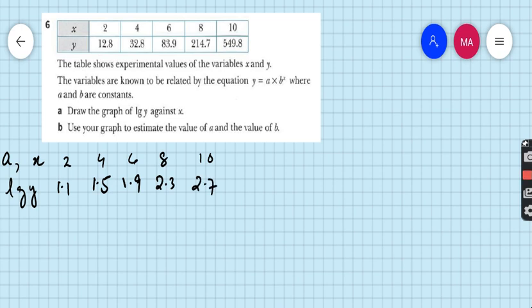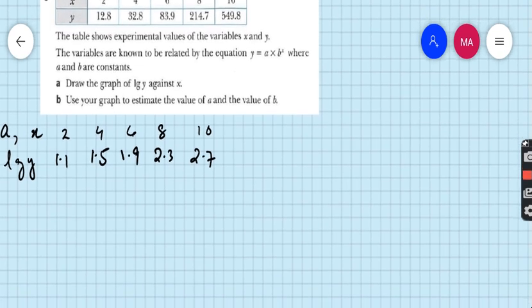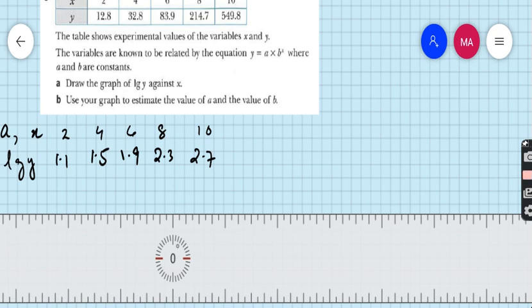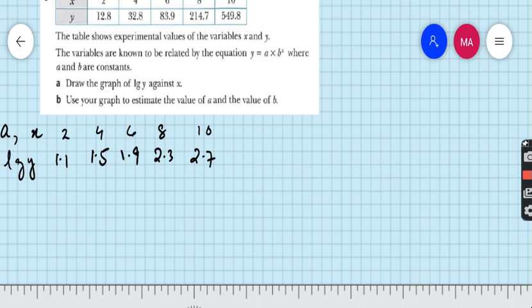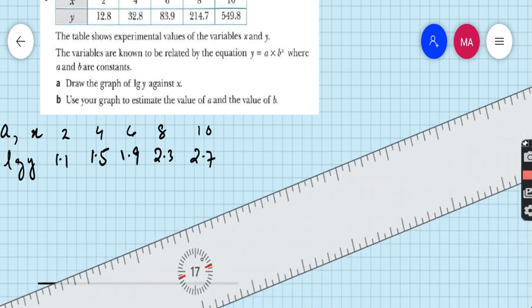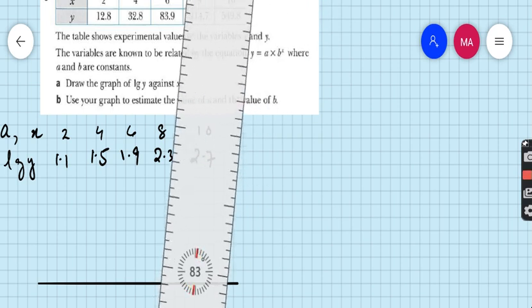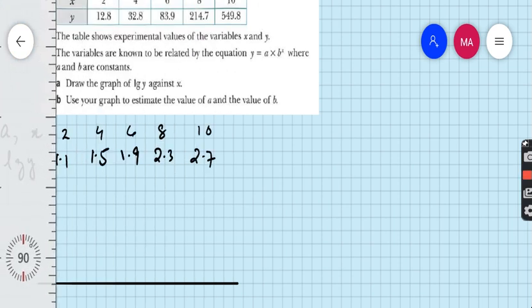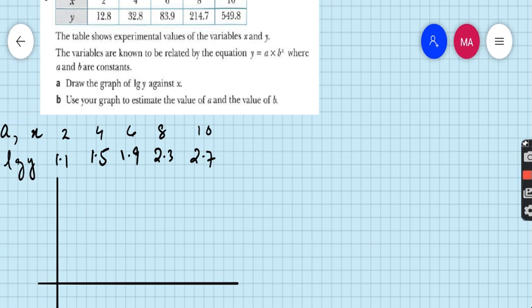The next step is to plot these points. So first we have to draw our x and y axis. Now draw the y axis. This is x.